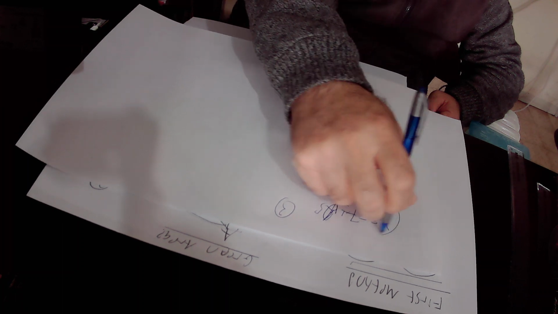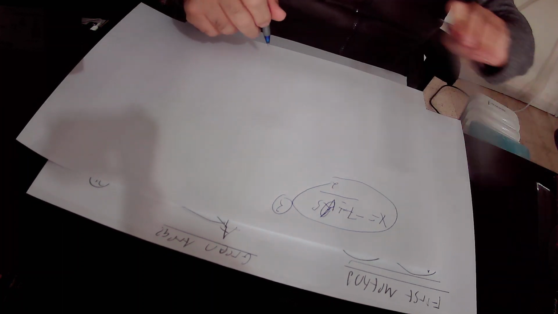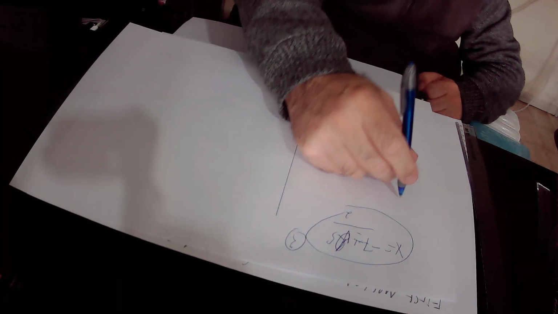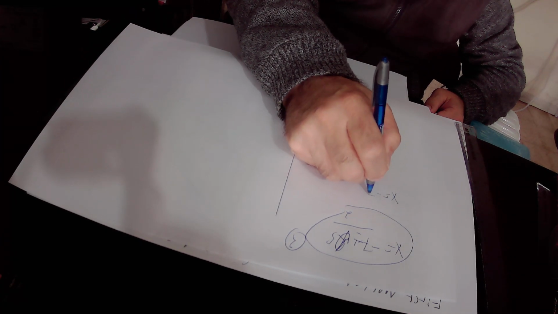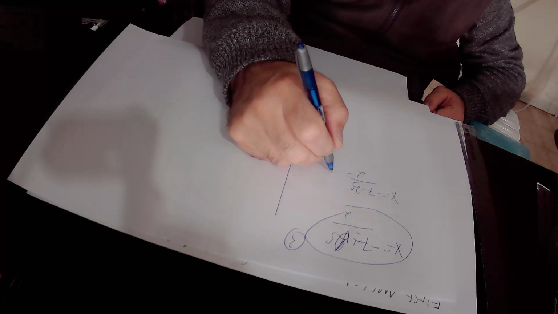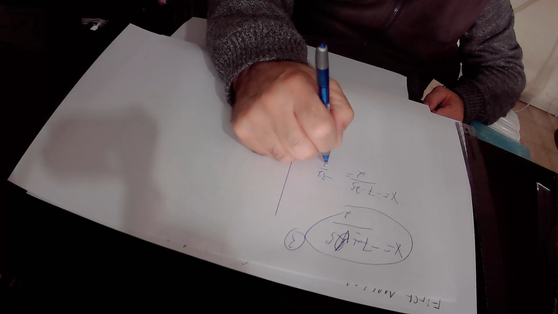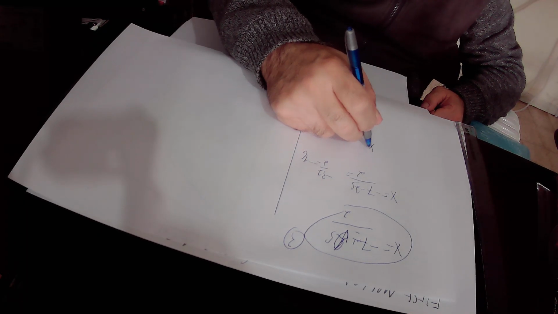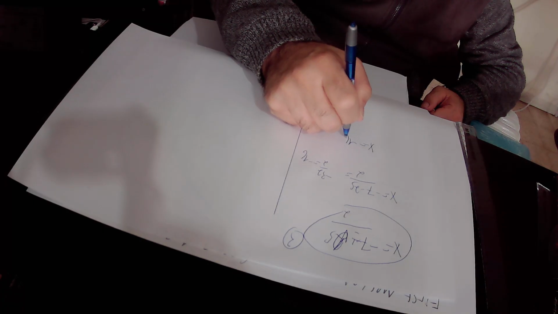So here you have two possible solutions for x. The first solution is x equals minus 7 minus 25 over 2. Minus 7 minus 25 is minus 32, and minus 32 over 2 is minus 16. So according to the first solution, x equals minus 16.